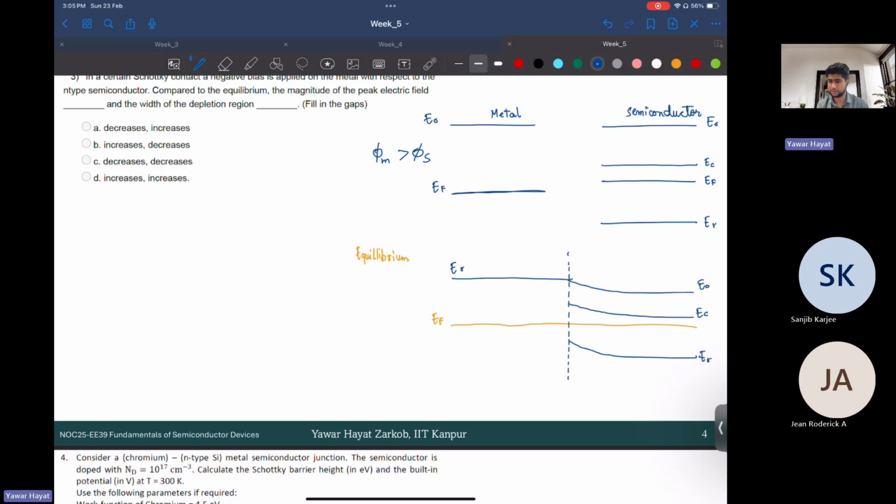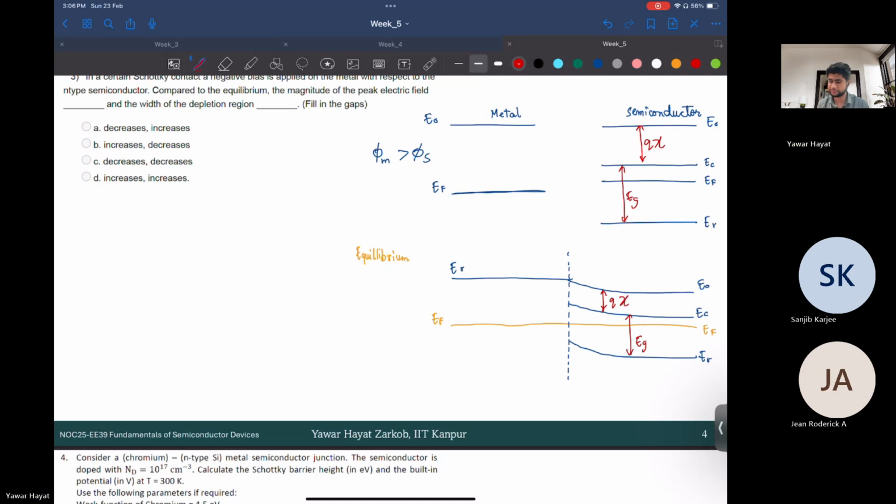So now this is EG, which is this. What about q chi? That also is constant, and that is equal to this at infinity.